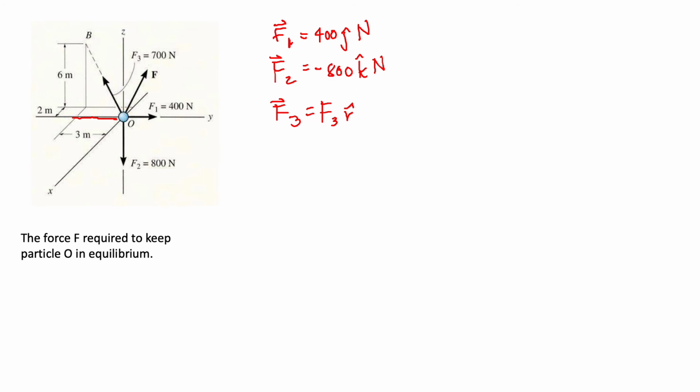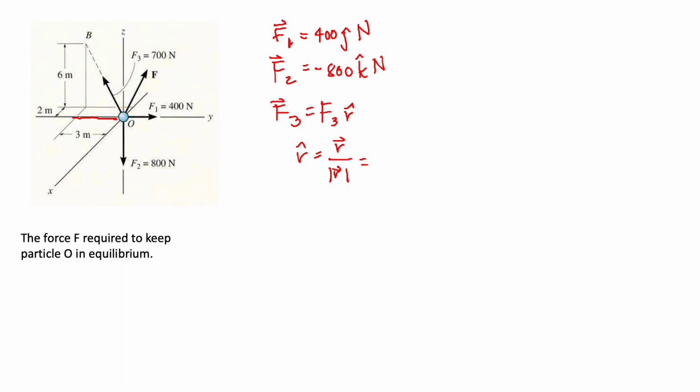Now let's get the components of this r hat. So r hat is equal to the vector r divided by its magnitude. Notice that this r hat represents the direction of F3. So let's express the r vector in terms of ijk notation.